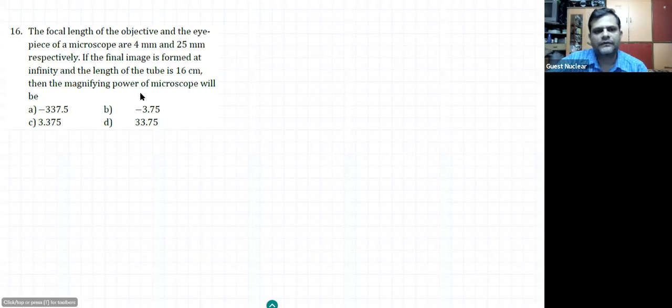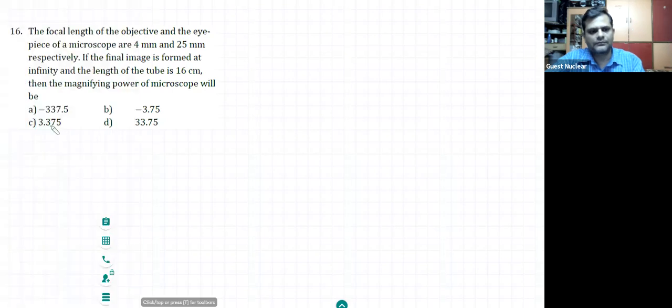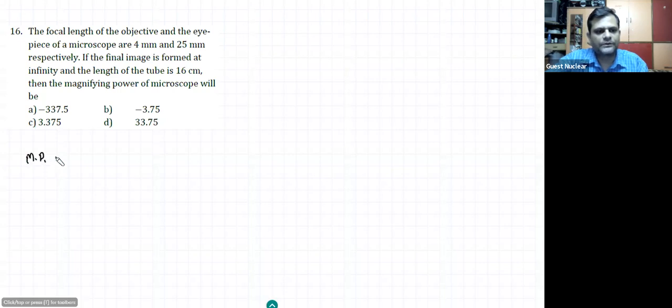Yes. See here, we have the basic formula for magnifying power of a microscope. Magnifying power of a microscope is given by small m, or small m_o, matlab magnification produced by objective multiplied by the magnifying power of eyepiece, where magnification produced by objective is nothing but VO upon UO, right?